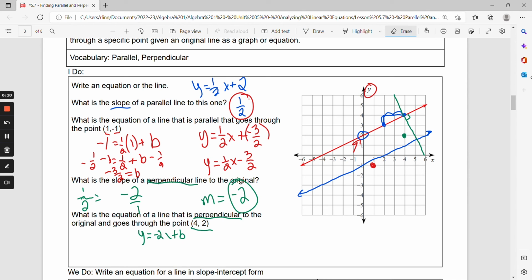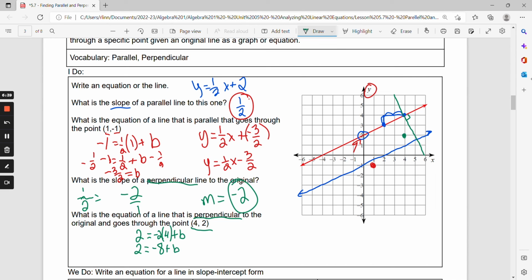In place of x, I'm going to put my 4, which is my x value, so negative 2 times 4. And then in place of my y, I'm going to put the y value from that coordinate point, which is, of course, 2. So 2 equals negative 2 times 4 plus b. 2 is equal to negative 8 plus b, simplifying that down a little bit.